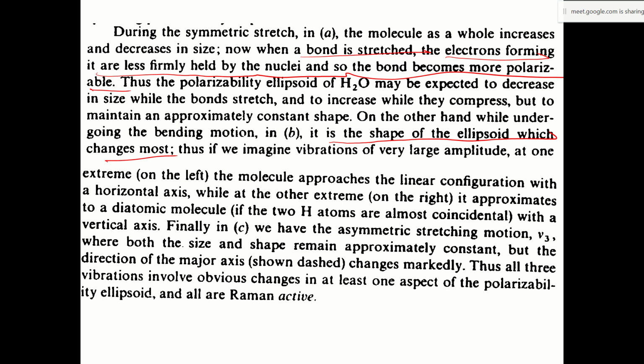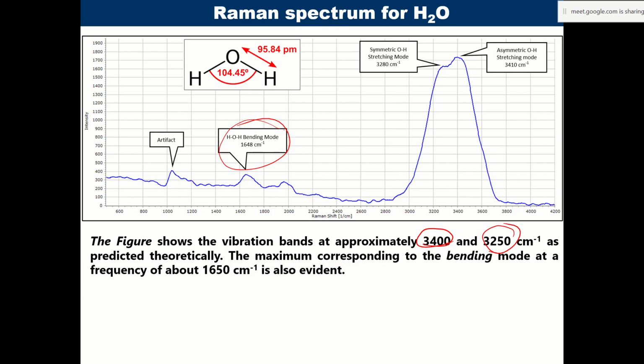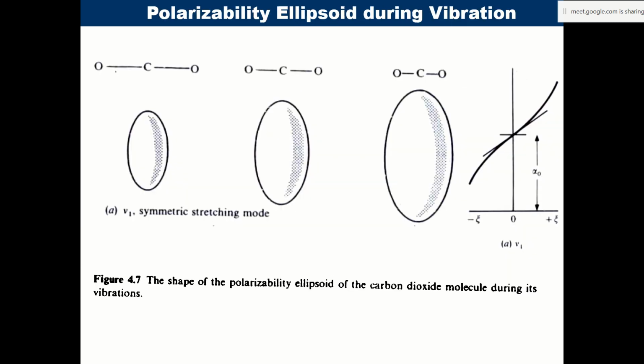In the third case, the last case, asymmetric stretching, the size and shape remain constant, but the direction of the major axis is changing. So all these three vibrations show at least one aspect that is changing, and all are Raman active. And that's what the Raman spectrum is.